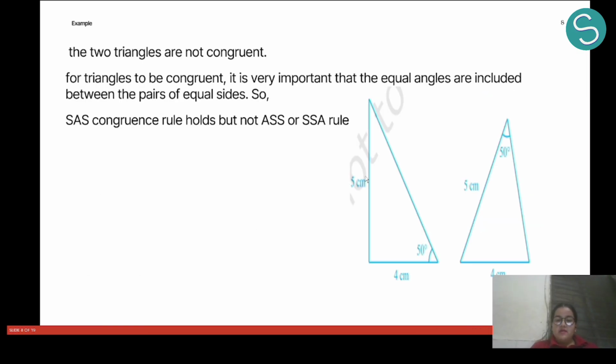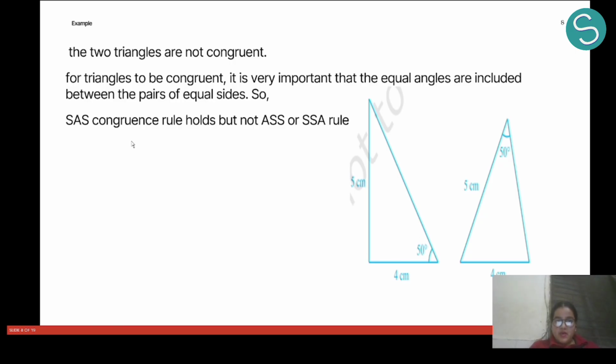Now, if you observe these two triangles, you can see that this side is equal to this side, this angle is equal to this angle, and this side is equal to this side. But I want to tell you that these two triangles are not congruent, because the equal angle should be included between the pairs of equal sides.